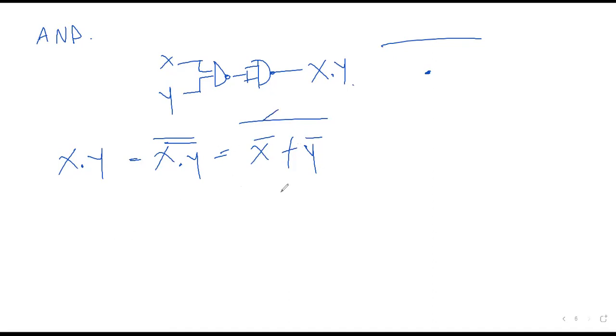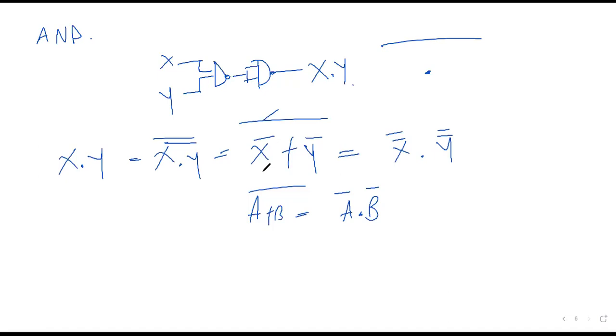If I apply De Morgan, which says A plus B bar is equal to A NOT B bar bar, what do I get from this one? I get X bar bar and Y bar bar. Is this true?